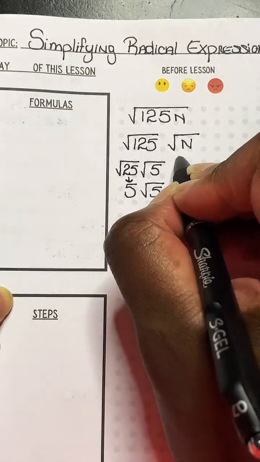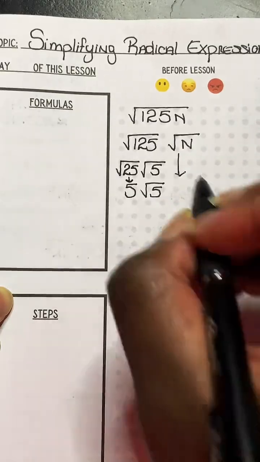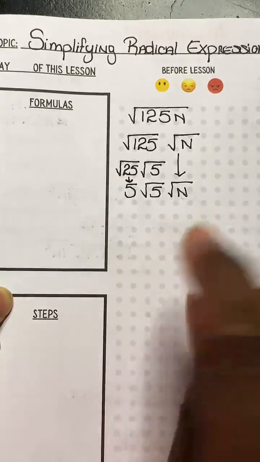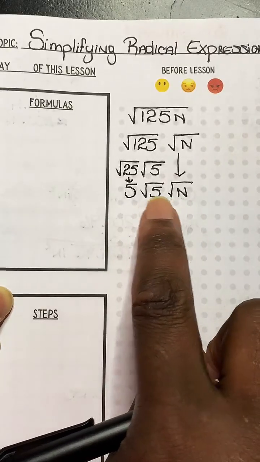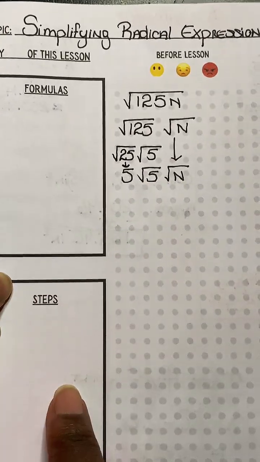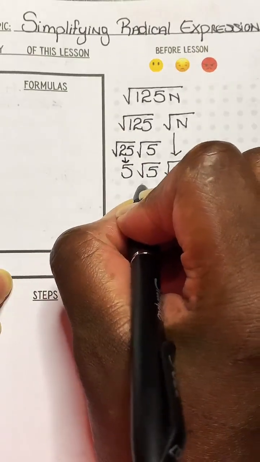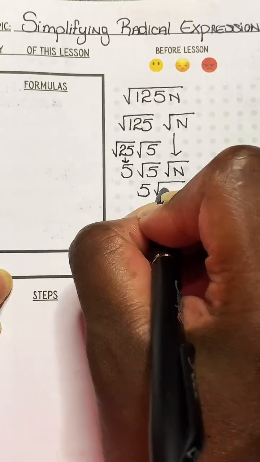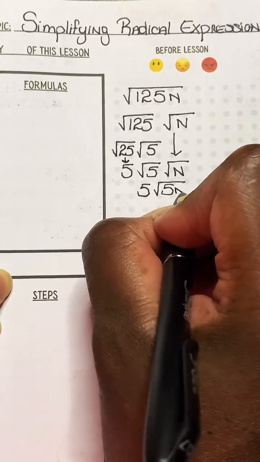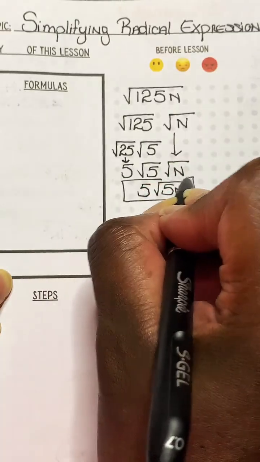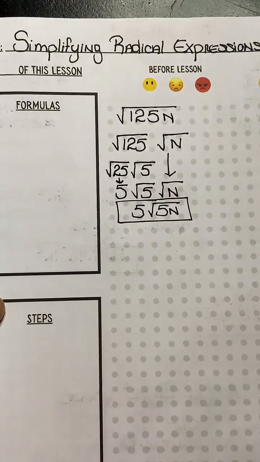We could bring that on down, but now it looks weird, we've got two radicals. Since both of these are prime, put them in one square root. So we have 5 square root of 5n. This is your answer simplified.